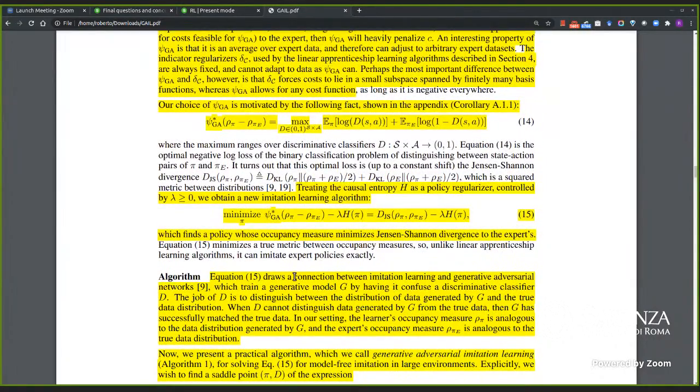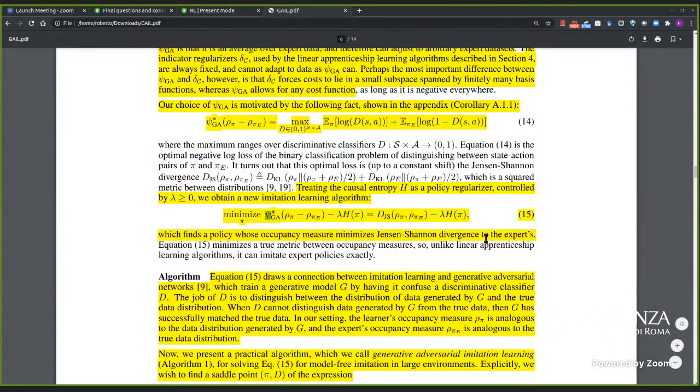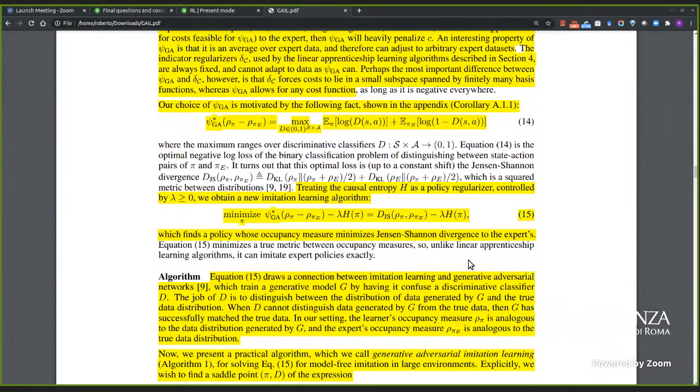So equation 15, which is the following over here, and which comes out of this, treats the causal entropy H as a policy regularizer controlled by lambda, and we obtain a new imitation learning algorithm, which is nothing else than this thing over here plus this entropy term, which finds a policy whose occupancy measure minimizes the Jensen-Shannon divergence to the expert's. So this is minimizing this divergence over here.